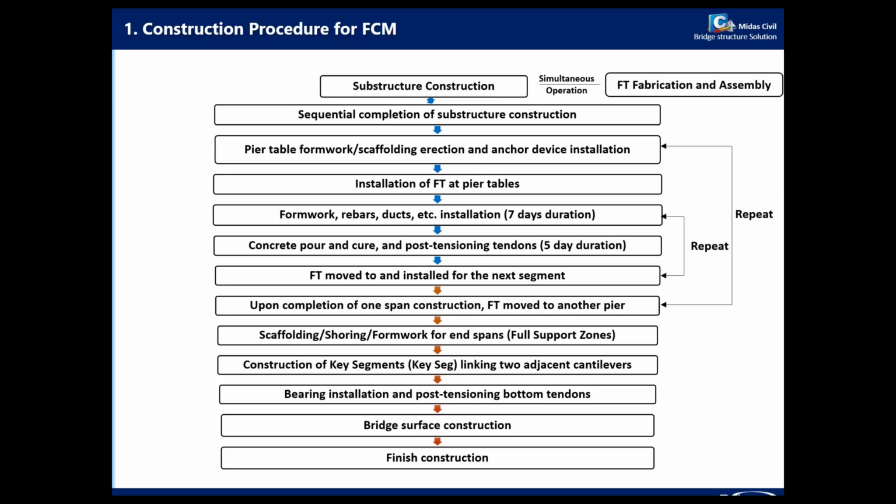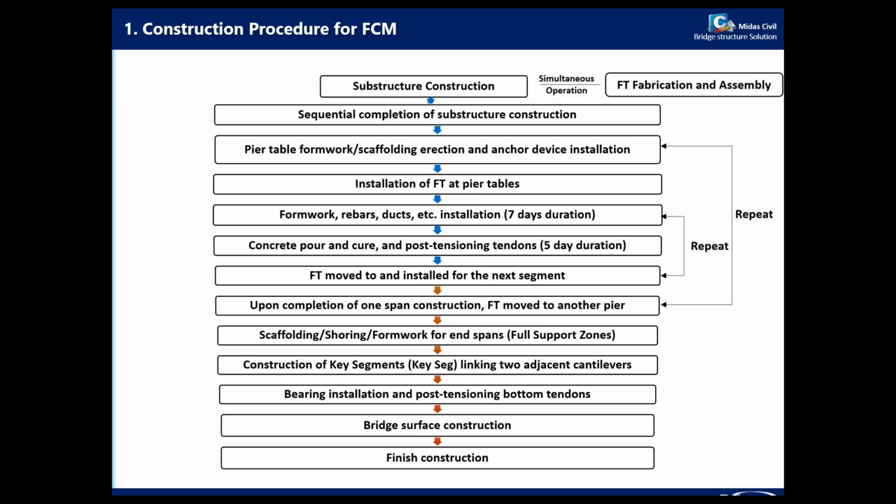After that, we go to the sequential completion of substructure construction, then the pier table form, scaffolding erection, and anchor installation. Then we install the formwork, rebars, ducts, etc. This can take about 7 days.